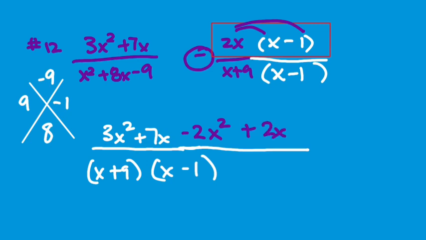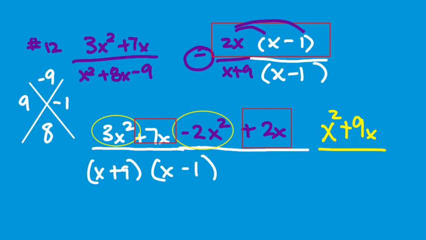Now I just combine like terms, back to chapter 6 on working with polynomials. I have 3x squared minus 2x squared, which gives me just an x squared, because if I have 3 and take away 2, that leaves 1. Then I have positive 7x and 2 more gives me 9x, all over the common denominator of x plus 9 and x minus 1.